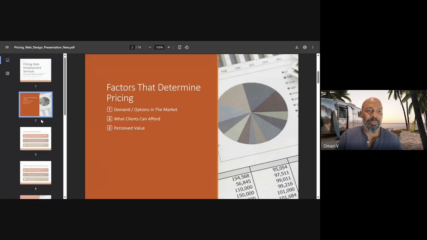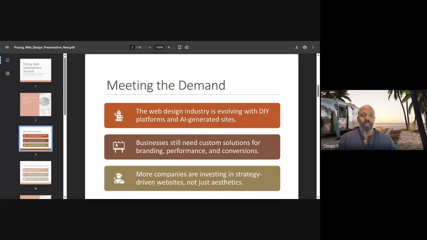Okay, so meeting the demand: the web design industry is evolving with platforms and AI generated sites. Businesses still need custom solutions.